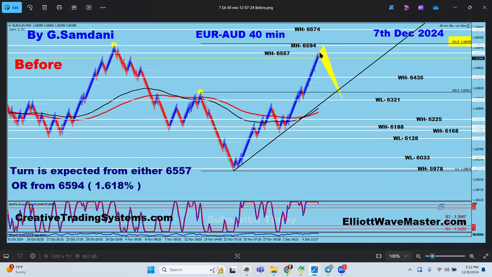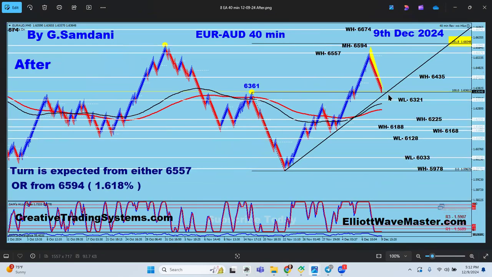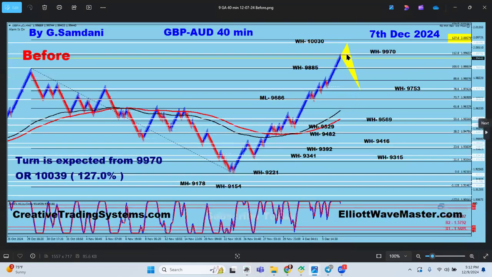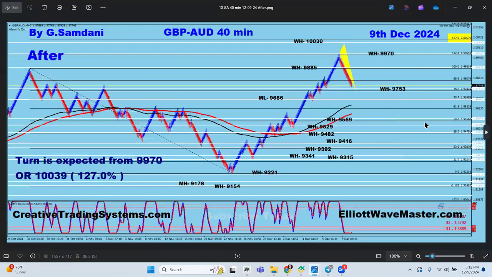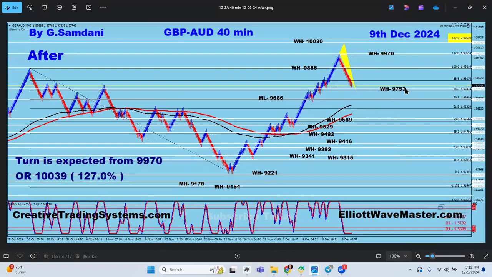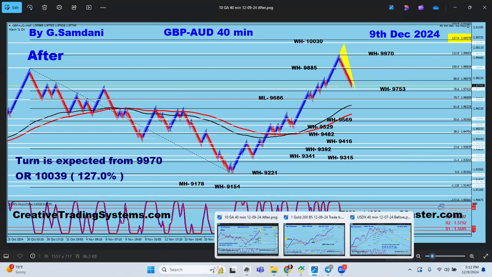And so this chart turned into this, and I had a beautiful trade in this as well. And pound Aussie also, I made the chart that's going to drop from there to 97.53 and all the way down. So these are a couple of trades here.